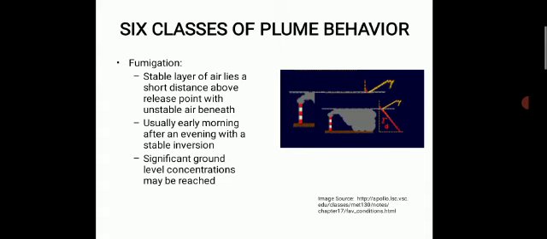When pollutants are released below the inversion layer, gaseous emissions quickly cool and are sent to ground level. This condition is known as fumigation and results in a high concentration of pollutants that can damage both humans and the environment. Significant ground level concentrations may be reached.